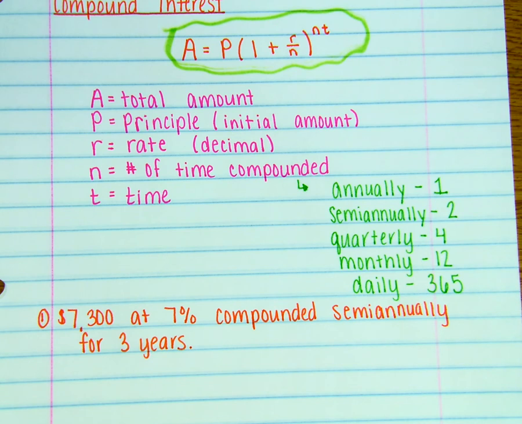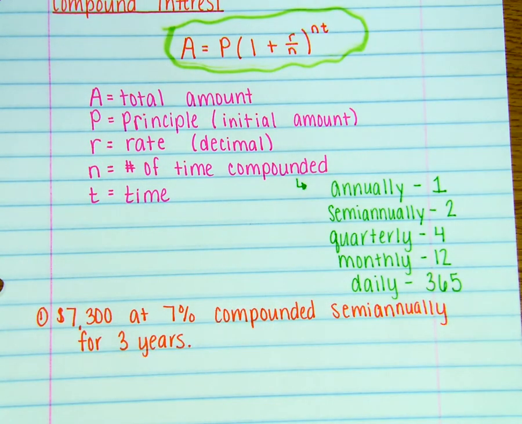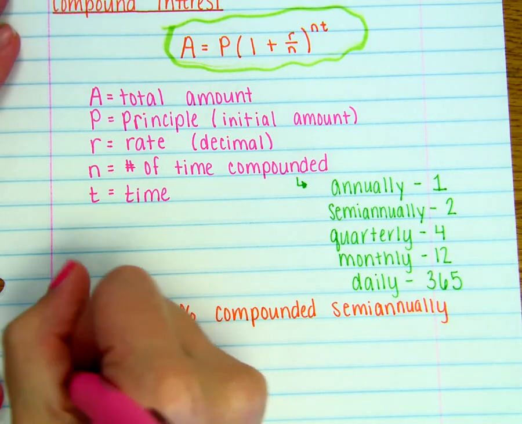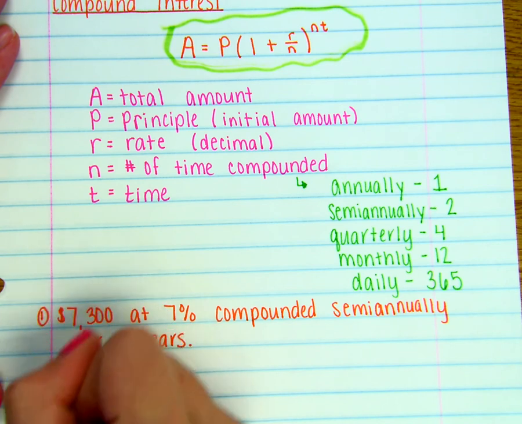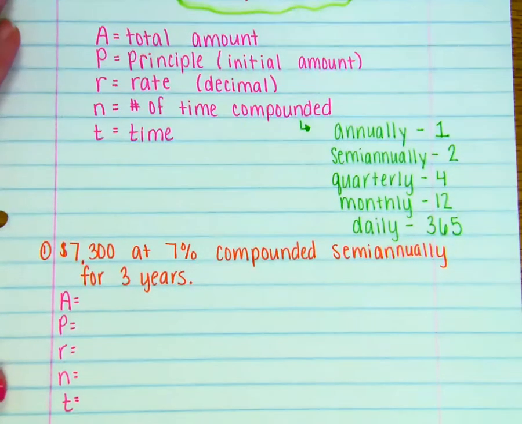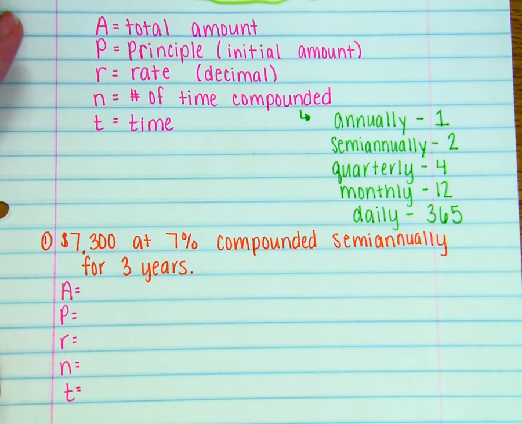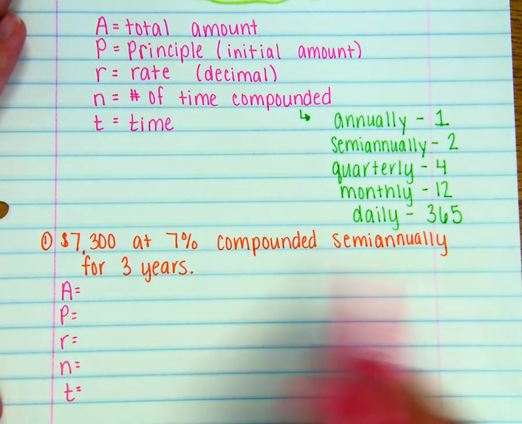There are 5 variables in this equation: A, P, R, N, and T. What I want you to do, I think this would be the easiest for everybody, is write A equals, P equals, R equals, N equals, and T equals over here to the side. Now we're just going to fill in the information that we're given in the problem.